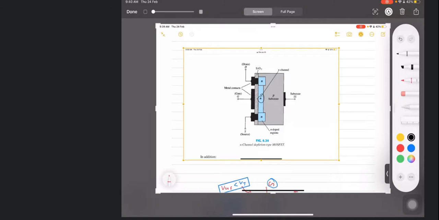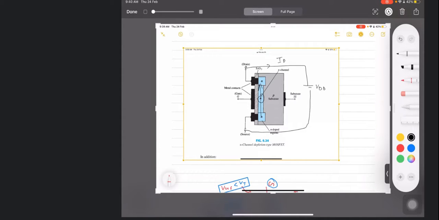Yes, sir. So even if we apply the VDD here, अगर इसको अप्लाई करेंगे तो करंट फ्लो होगा. बिकॉज सारा चैनल बना हुआ है. बना है, बनाने की जरूरत नहीं है.